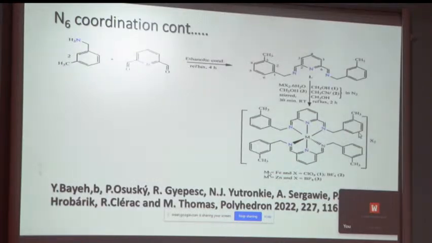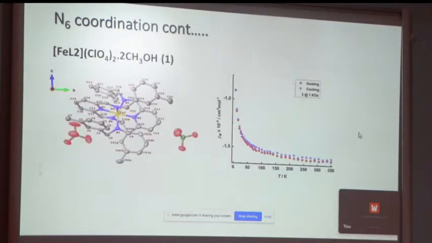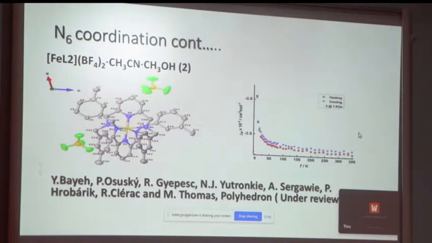Then another compound he prepared, he made the ligand field variation by putting a methyl group here. If you could see the synthetic condition. So here the ligand field is varying. We are trying our best to change the ligand field and make the spin crossover possible. But unfortunately, this compound also shows a low spin behavior.